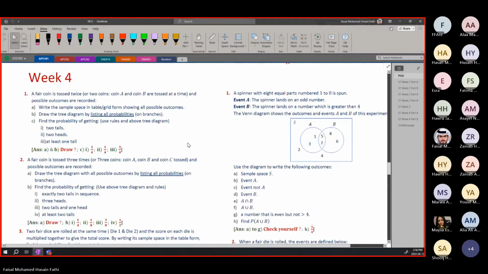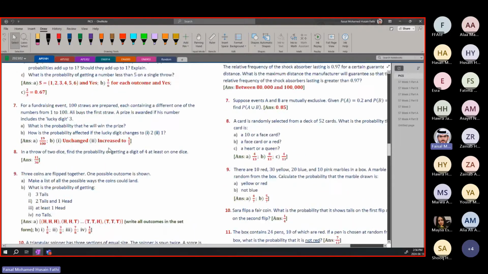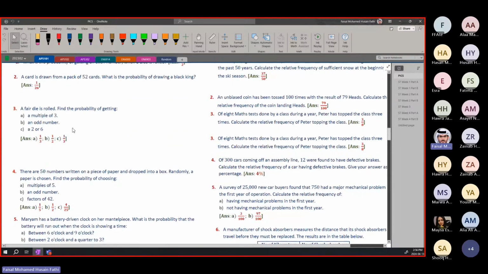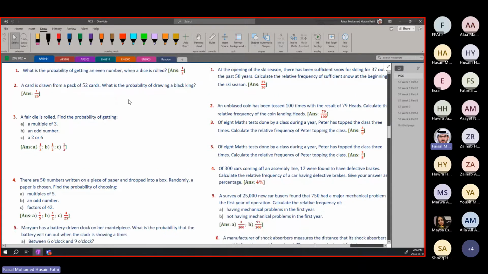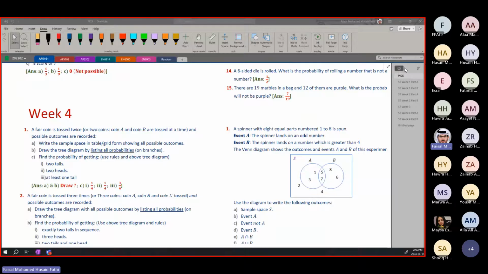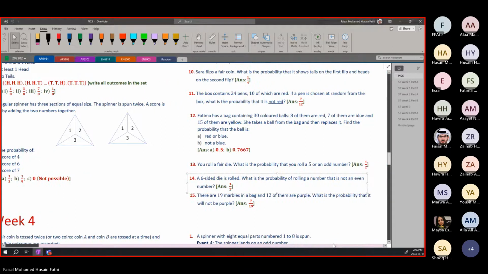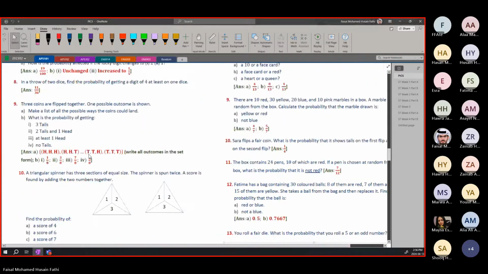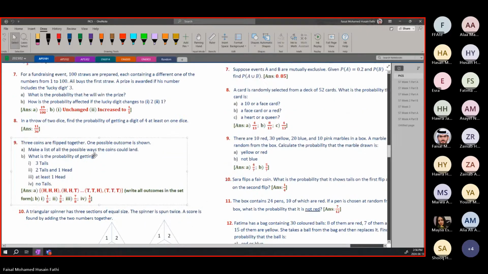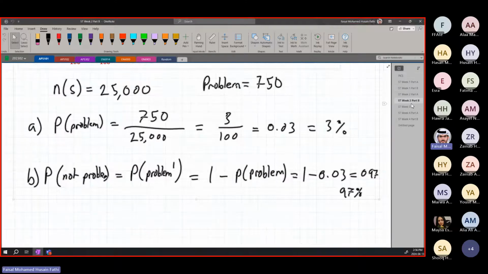Let's see. Let's take something simpler. This is normal probability. When did we start union? I think week 4 or week 3. One second, let me just double check. Let me use an example from what I solved in previous weeks.